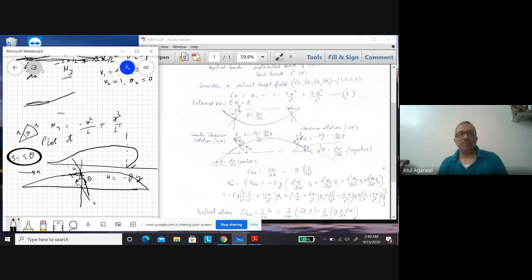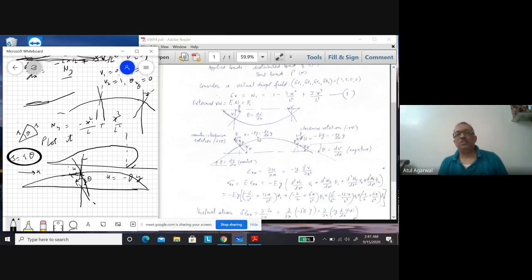Initially, the neutral surface was flat, so our cross-sectional plane was perpendicular like this. Now, since this surface has rotated, the cross-sectional plane has also rotated from its initial position, which was like this. Now, if you see here, rotation is like this. Initial plane was like this. So our rotation is clockwise here.